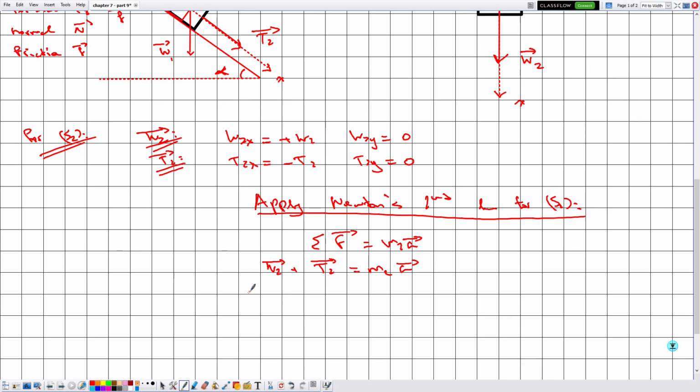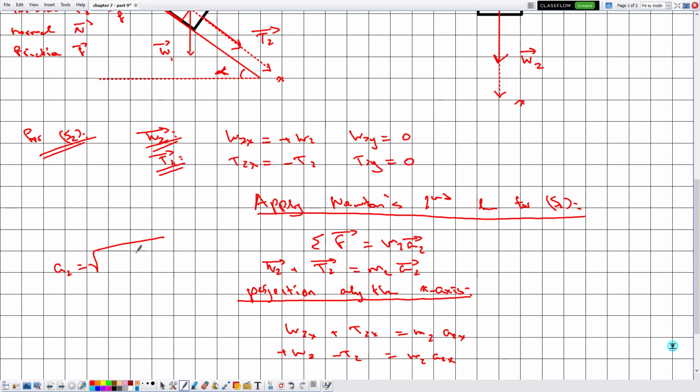Projection along the x-axis, which is the positive direction: we drop the vector quantity, and each vector quantity will carry the label x. So W2x is plus W2, minus T2 is equal to M2A2x.